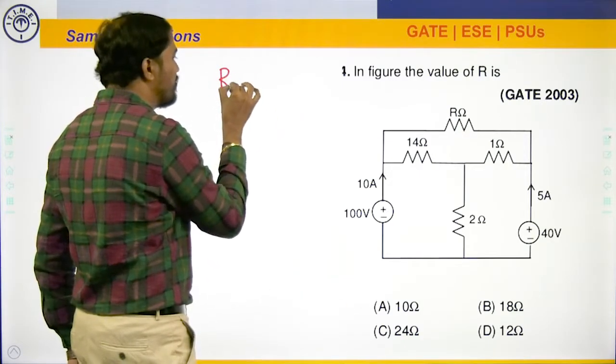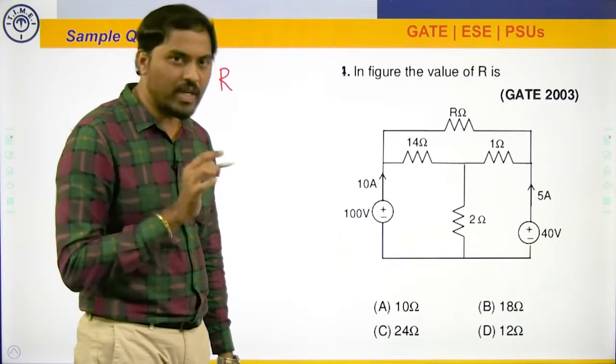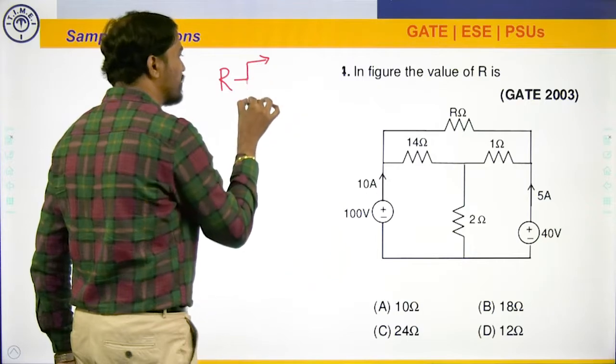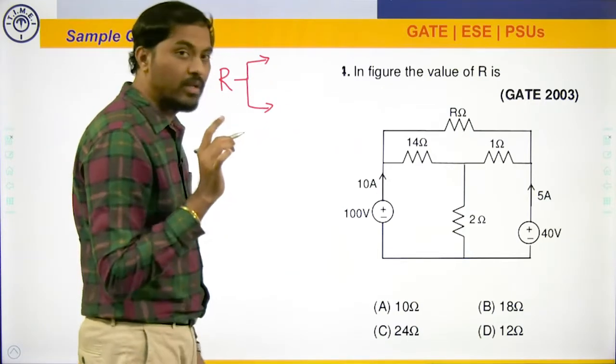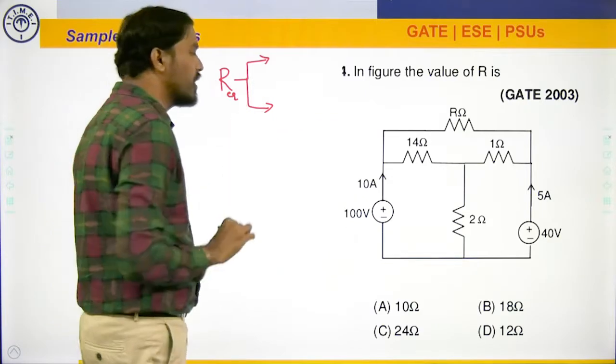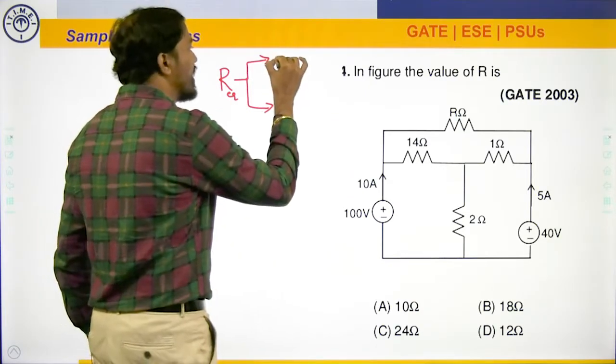Any question related to resistances, I mean calculation of equivalent resistances, can be solved in only two ways. I repeat, if that question is related to equivalent resistances, it can be solved in two ways. One is the network reduction technique.